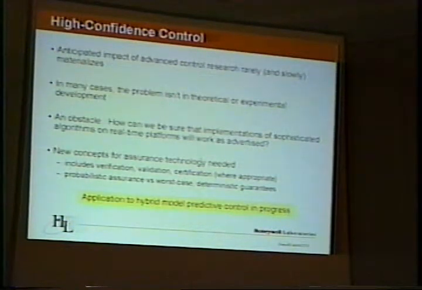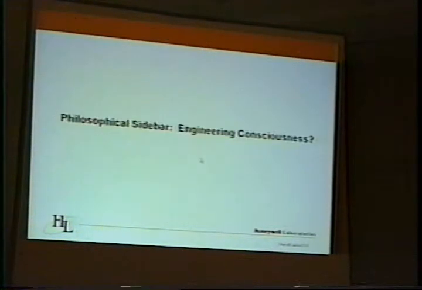The equipment that we use has some 99.999% perhaps likelihood of reliability, but it's not much more than that necessarily. So even for the algorithmic space and implementation of complex algorithms, we have to go in that direction. And we are currently in a DARPA software-enabled control project applying these sorts of notions to some hybrid model predictive control developments.